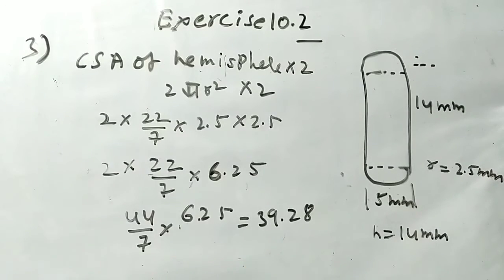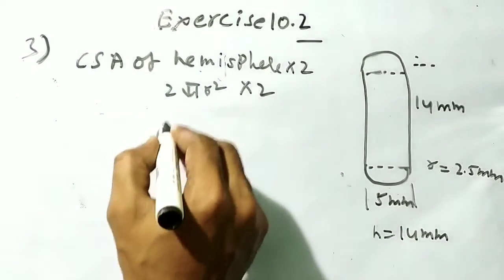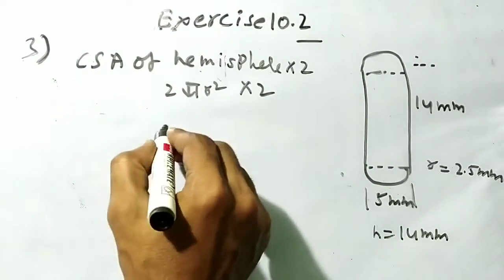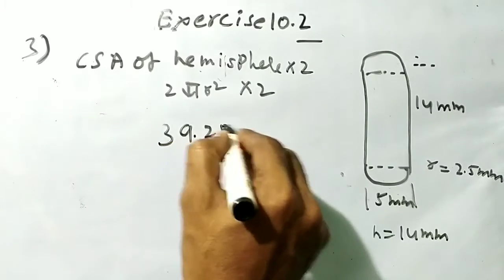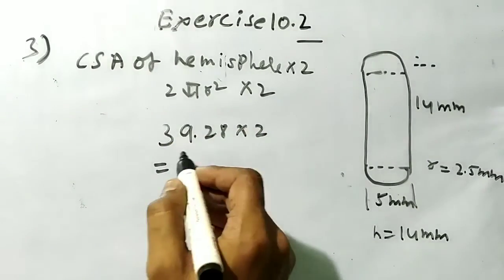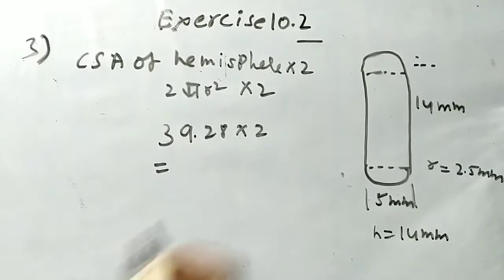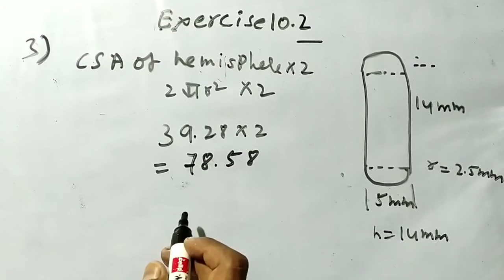So let's erase this totally. 39.28 is the value, 39.28 into 2 is equal to 78.58.